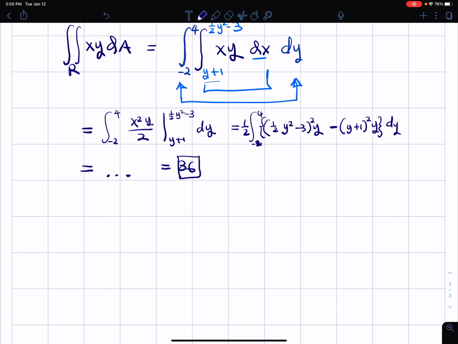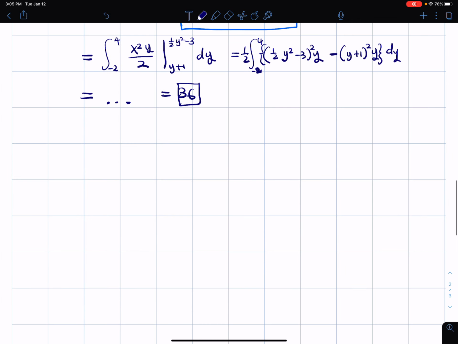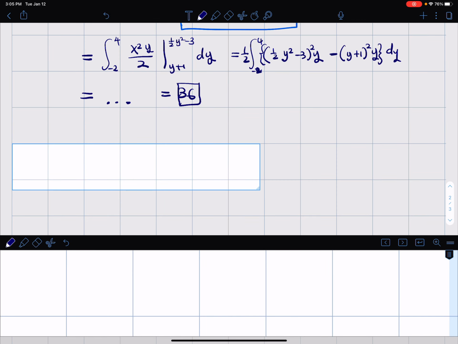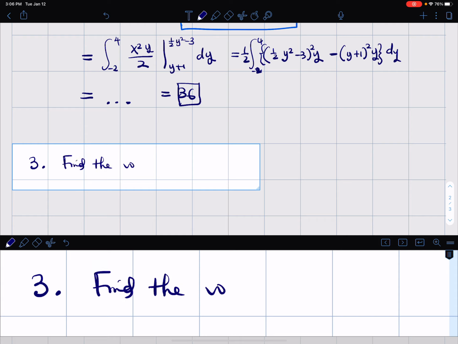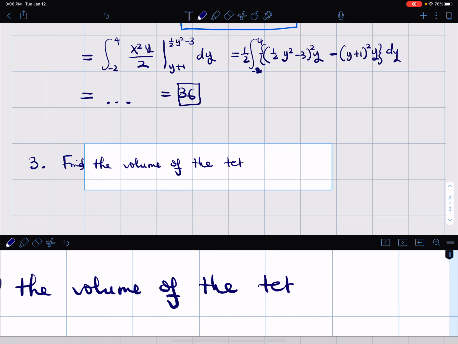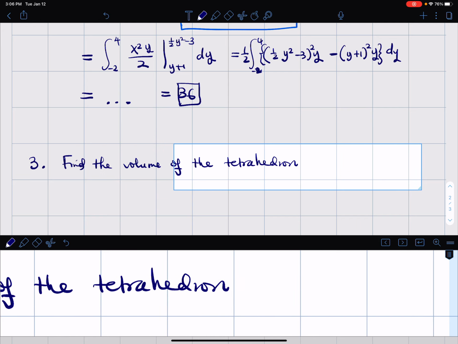Okay, now let's try another problem. Let's find the volume of the tetrahedron, right?